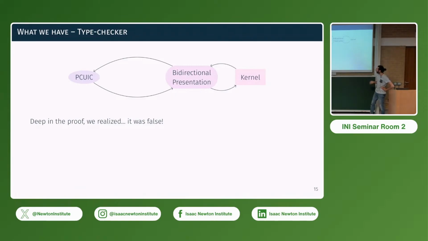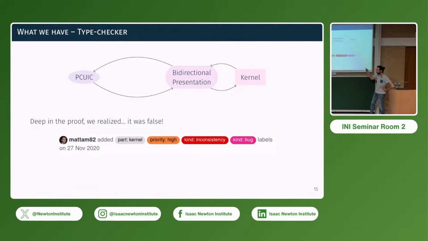And actually, 2 hours later, there was this bug on the actual Coq kernel. So this is the issue on the genuine Coq repo, saying, well, actually, we found a bug there. And even though this thing has no formal relationship to what's actually happening in the kernel of Coq, it's close enough that by looking very hard at it, we can find things in a real thing.